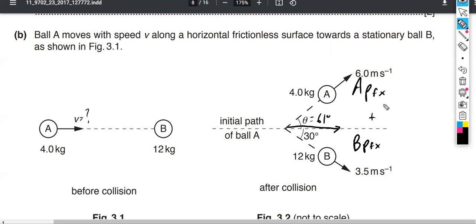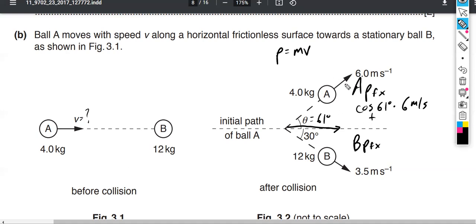So this one is going to be the cosine of 61 degrees times 6 meters per second. That would give you the x component of velocity, and then multiply it by 4 to get the momentum. So don't forget that momentum is mass times velocity. The cosine of 61 times 6 is 2.9.